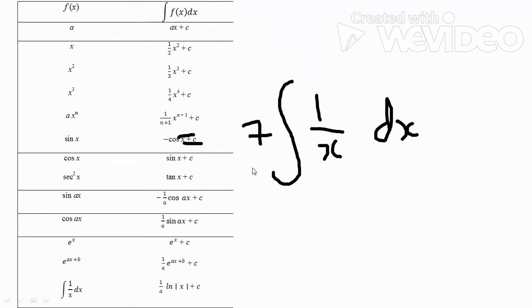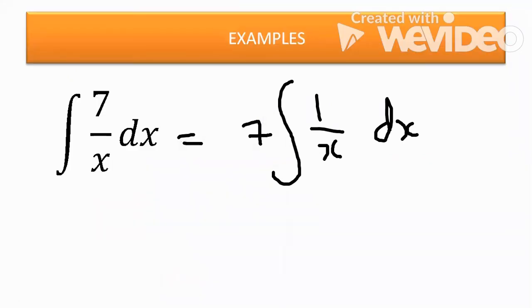Let's go back to the question. What we'll do is pull out the 7 and we just have the 1 over x. If you integrate 1 over x, we get ln x. So the answer is just going to be 7 ln x plus c. But we can actually go further. So this is one answer, and we could go a step further. We're going to change the constant to ln a.